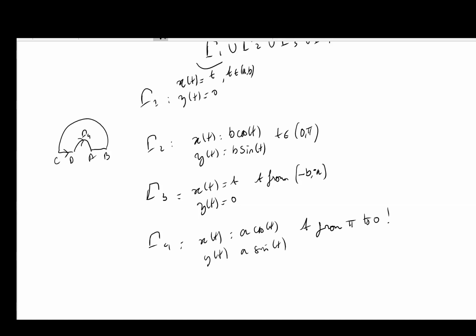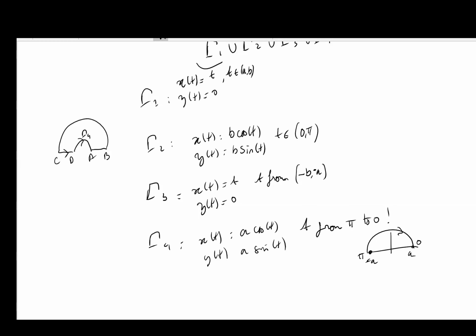So I use this upper half circle. The angle value is pi and decreases to 0, going from negative a to a, to go from point D to A.